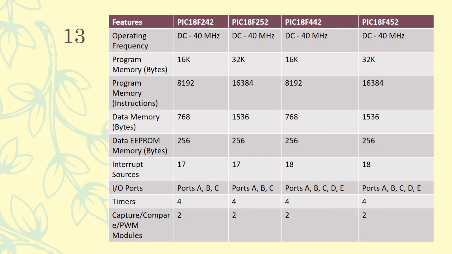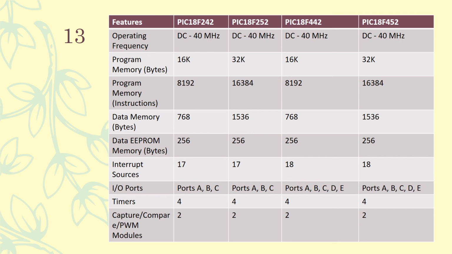So in 18F we have total 4 here, 242, 252, 442 and 452. Operating frequency for all of them is DC to 40 MHz. Program memory is, in case of 242 16K, 252 32K, 442 16K and again 452 32K. Program memory for instructions already I mentioned 8192, then 16384, 8192 and 16384.